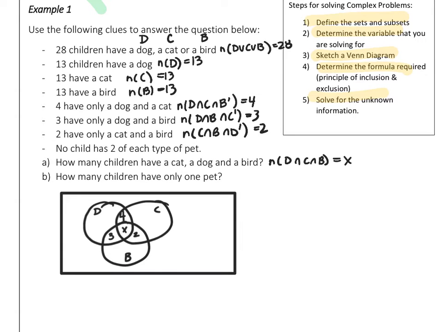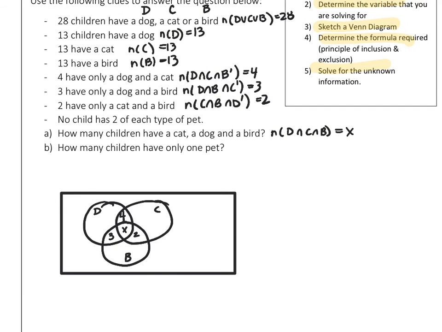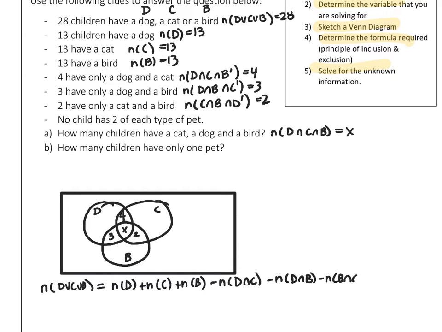Okay, so now I'm going to use my formula from up above, which states that the number of elements in dog or cat or bird is the number of dog plus the number of cat plus the number of bird minus the number of dog and cat minus the number of dog and bird minus the number of bird and cat plus the number that are in all 3.